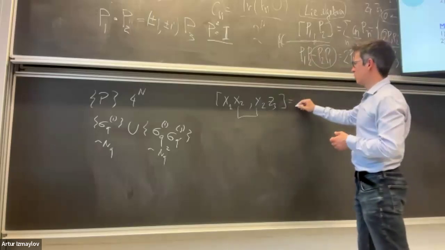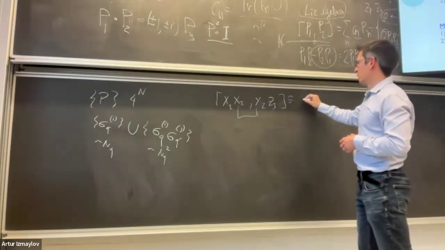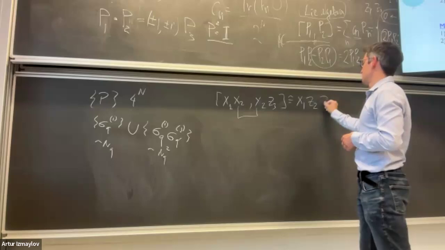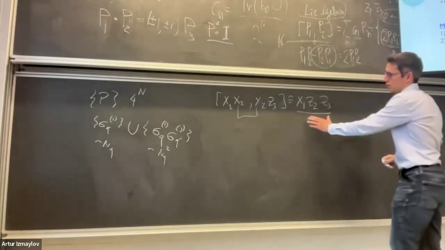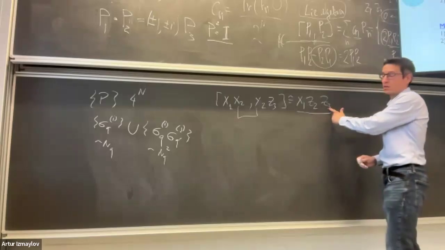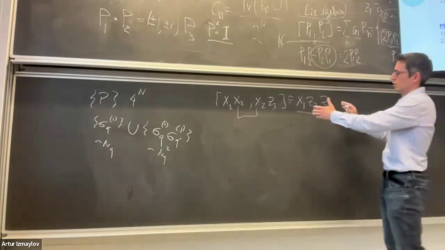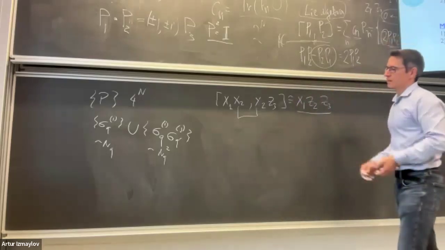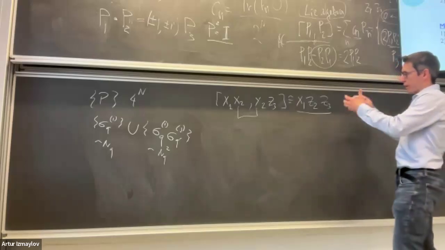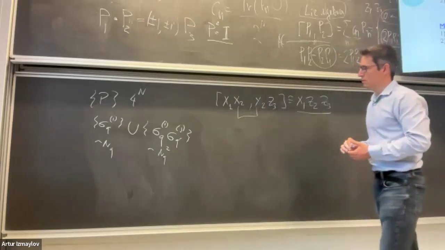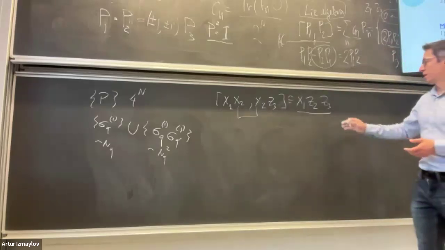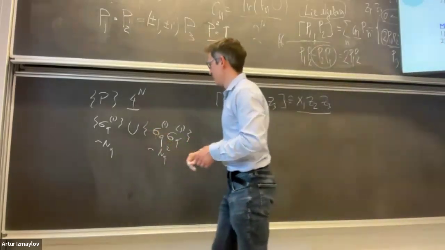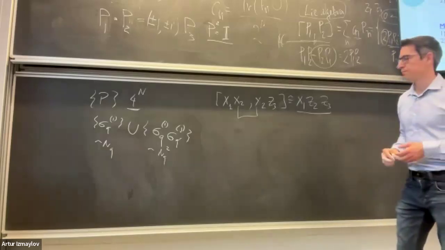So this is, up to a phase factor, proportional to X1, Z2, Z3. It gives you something non-trivial on three qubits. You can now generate three-qubit Paulis, then do commutations again, and that will generate more and more, so you will be able to generate all 4 to the n Paulis by repeating this commutation.